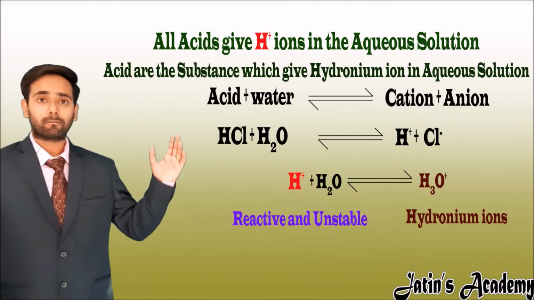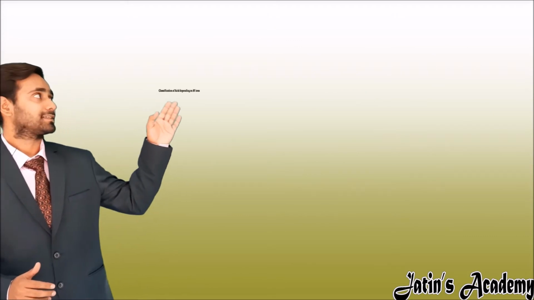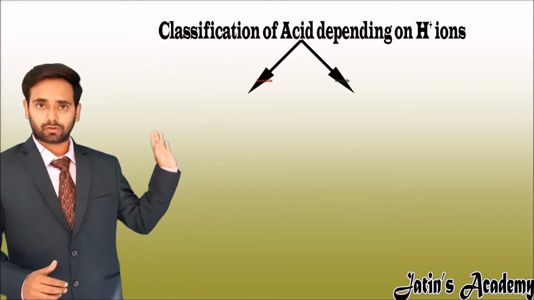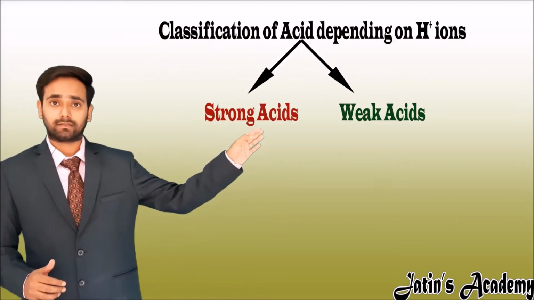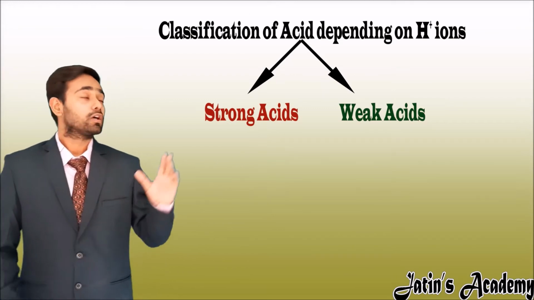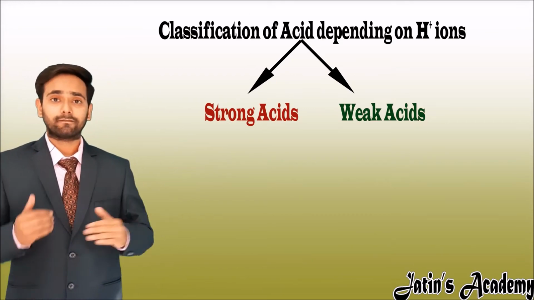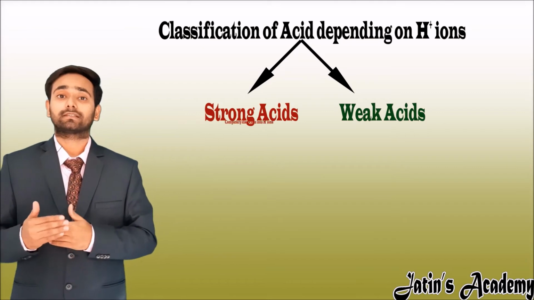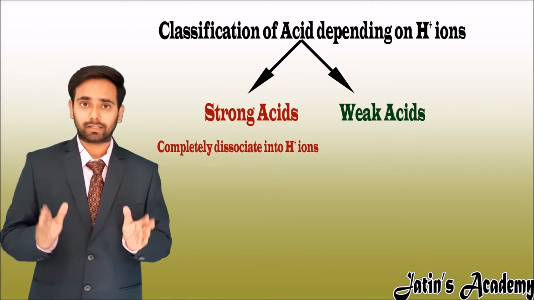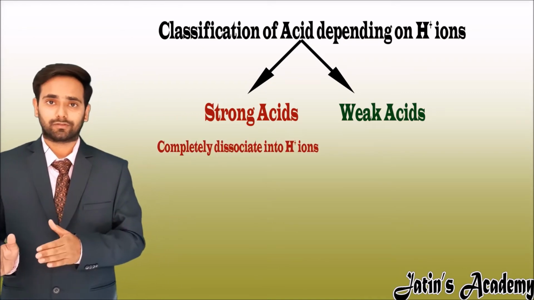Now, depending upon the ionization of H positive ions, acids can be classified into strong acids and weak acids. What is the meaning of this? Strong acids completely dissociate into H positive ions in the aqueous solution.